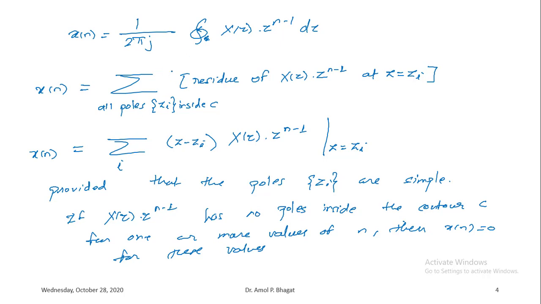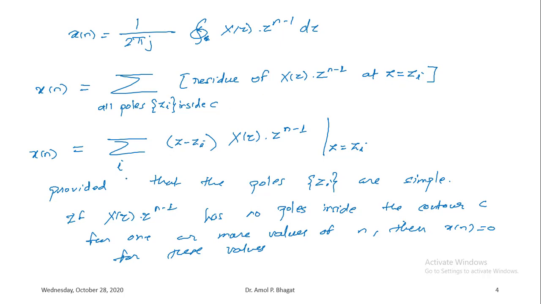As per this theorem, the contour integral will be evaluated as a summation for all pole values inside C, inside that closed path, where the residue of x of z into z to the power n minus 1 is taken at z equals zi.